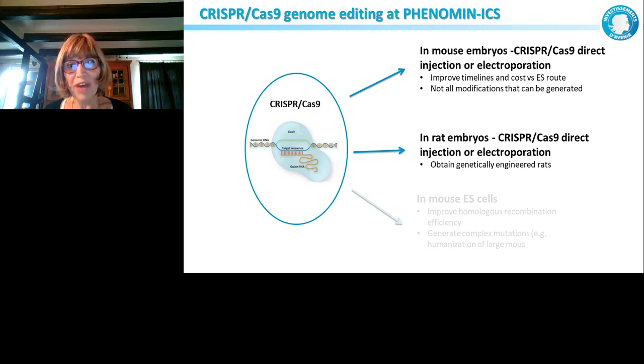Of course, in mouse we also have ES cells, but first I will show you what we do with mouse and rat embryos, because we introduce CRISPR-Cas9 with or without a donor DNA in the one-cell embryos, by microinjection or by electroporation. In the mouse we have another approach, which is ES cells, but in the rat, it's the only way to obtain a genetically engineered rat.